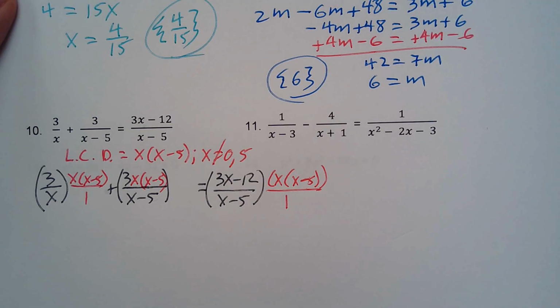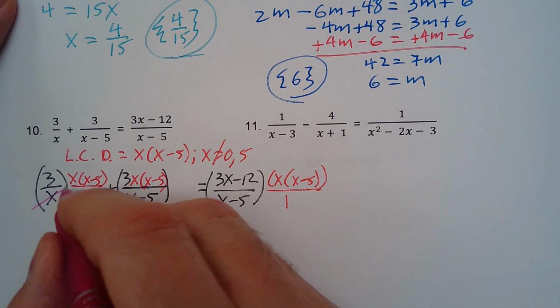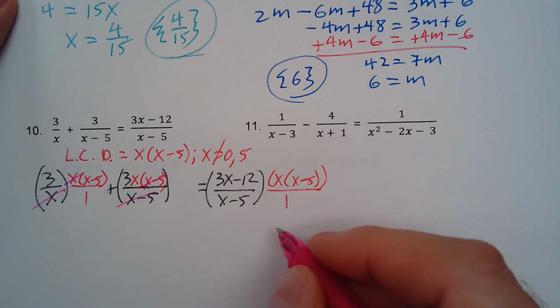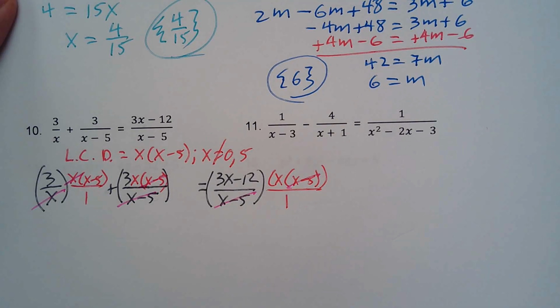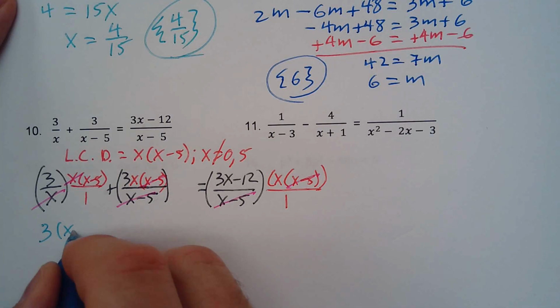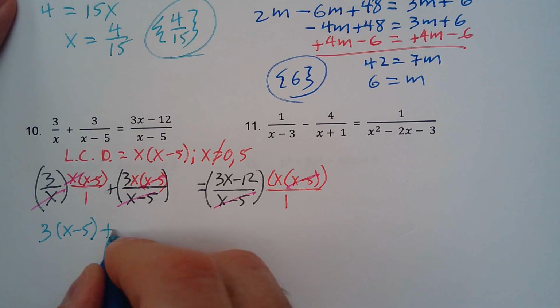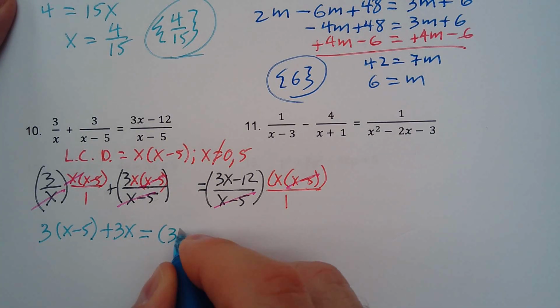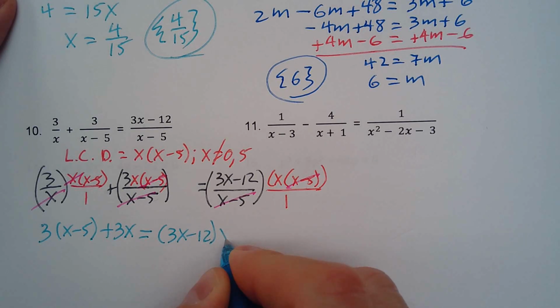So let's see what we can knock out here. We can knock out the x's. I can knock out the x minus 5s here and here. So here I'm going to have 3 times x minus 5 plus 3x equals 3x minus 12 times x.